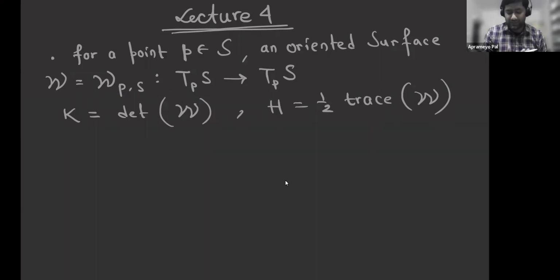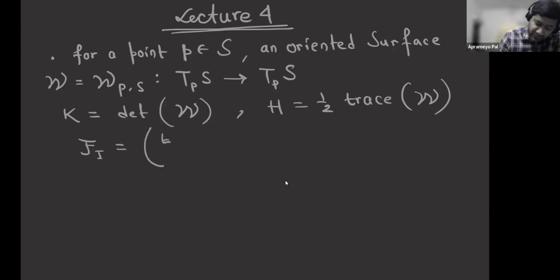Here we can take, for example, the basis corresponding to the tangent vectors, and then you can define the determinant of the matrix. Then we also defined a symmetric matrix corresponding to the first fundamental form, E, F, G, and F double I, which corresponds to the second fundamental form.